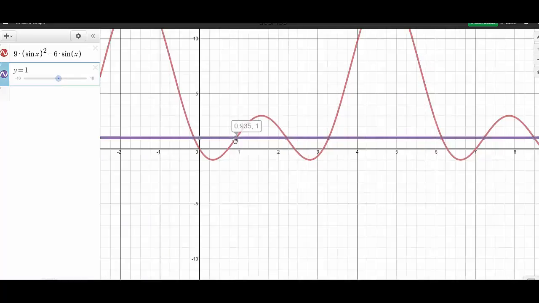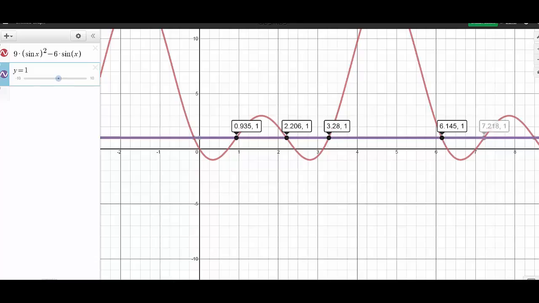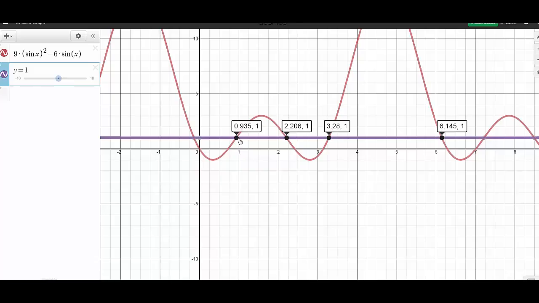So here's 0, there's 1 answer, 2 answers, 3 answers, 4 answers: 0.935, 2.2, 3.28, and 6.14. So I've gotten all 4 of my answers out algebraically using the quadratic formula, or possibly factoring, which didn't work in this case, but using the quadratic formula and solving.